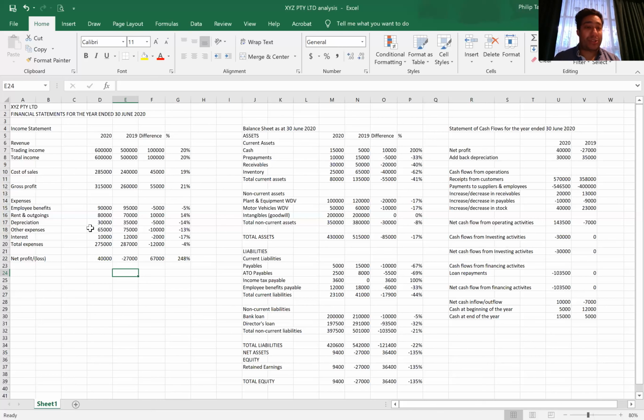Although it's dropped its expenses, it's increased its net profit, but it may not be enough in the viewpoint of a director or a shareholder or a majority shareholder of the company.